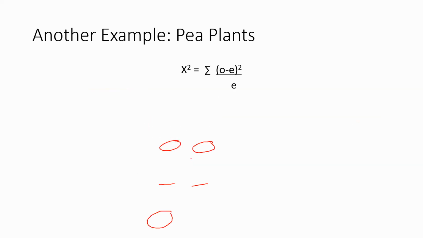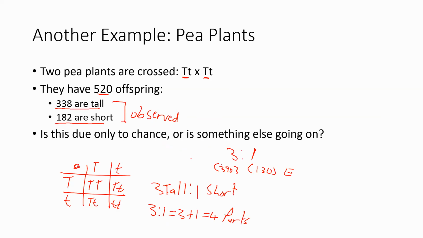So going back to the plant here, 338, 182, the way height is being passed on from one generation to the next generation is not Mendelian, right? Which of course means that we can formulate our null hypothesis in this way.